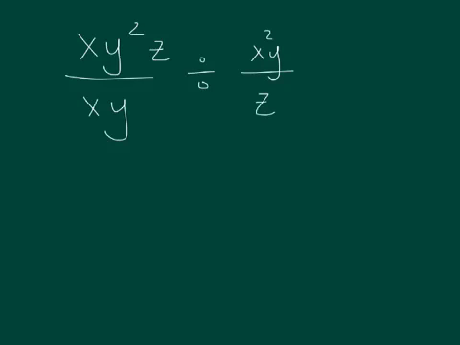What if we had xy squared z over xy divided by x squared y over z times z squared yx over x squared. Okay, something like this. Now, please be careful.